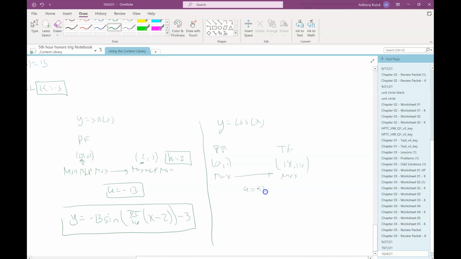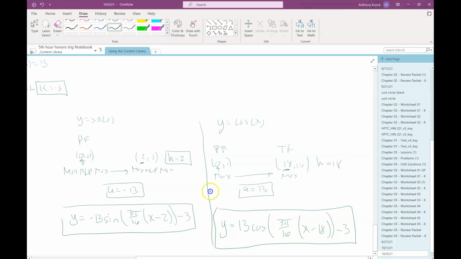So the A has to be positive, and the H has to be 18. So you got something like that.